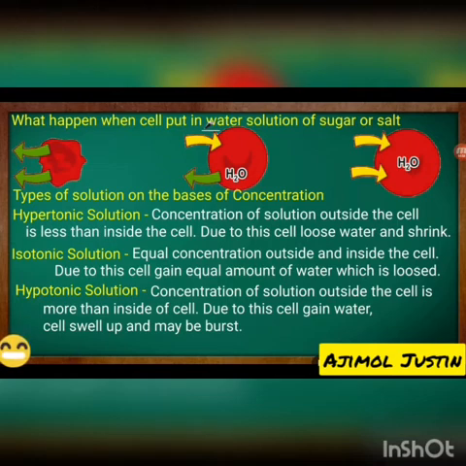From the solution, water enters into the cell, and thus what happens when a large amount of water gets inside the cell? The cell will enlarge, swell up and burst. So that is the type of solution and its concentration.